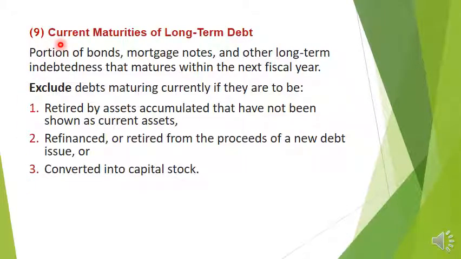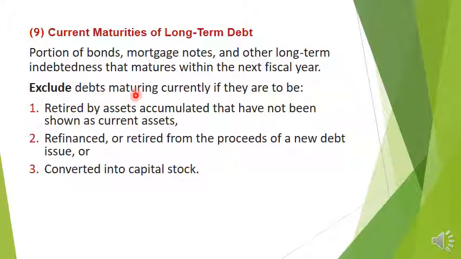The other kind of current liabilities: the current maturities of long-term debt. This is the portion of bonds, mortgage notes, and other long-term indebtedness that matures within the next fiscal year.